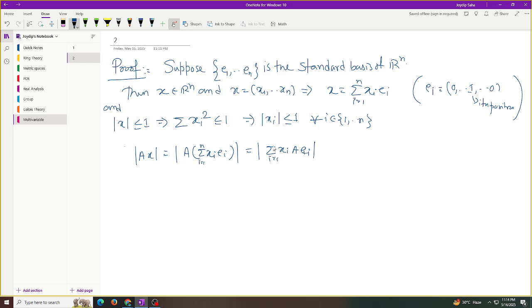Okay. Now I apply the triangle inequality.